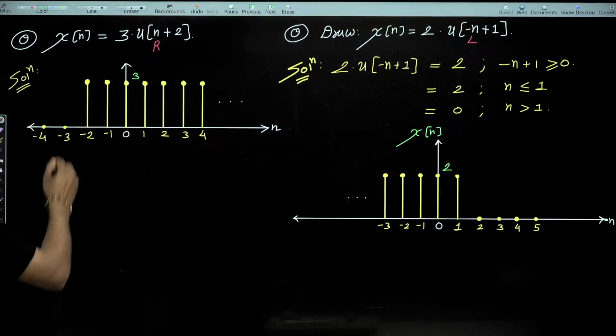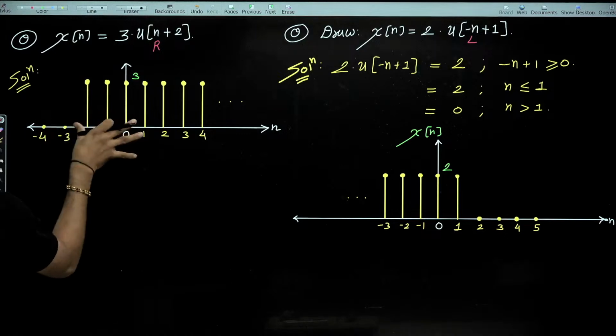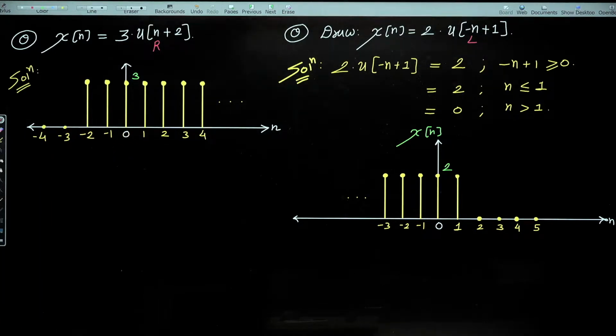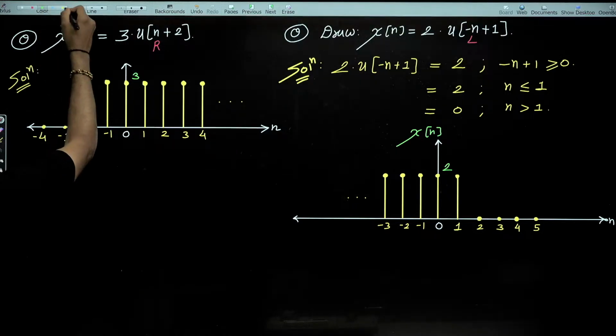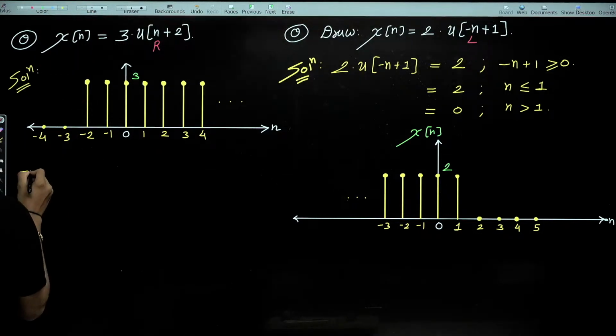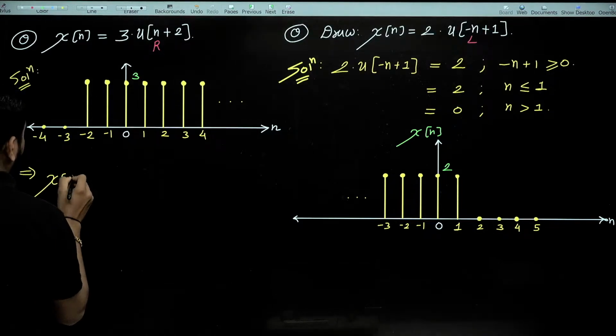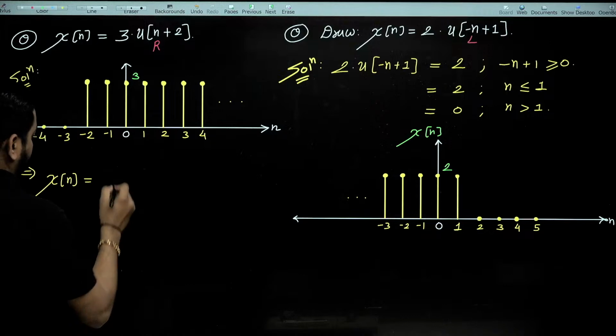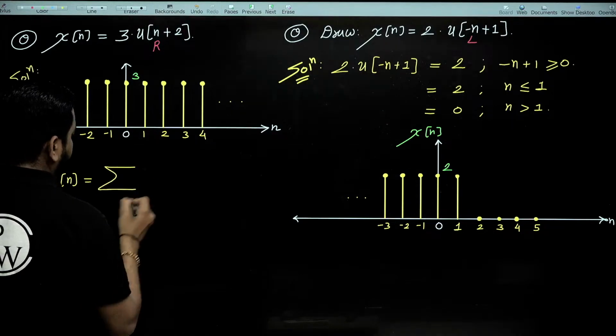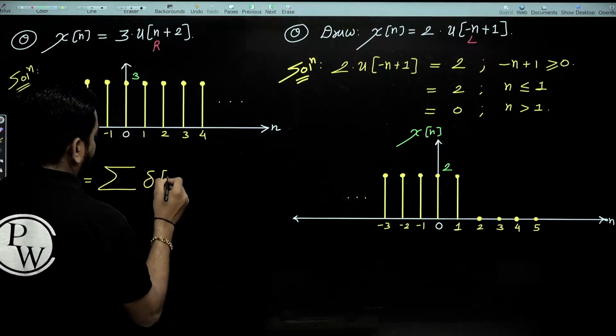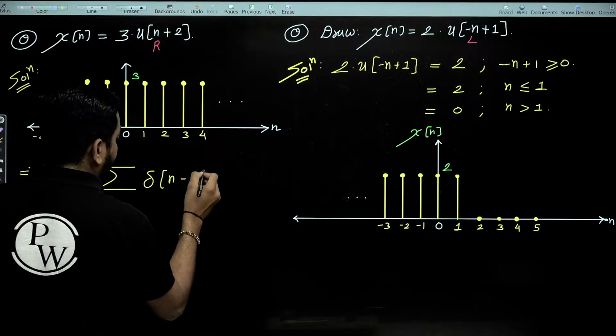Now suppose I want to write this signal in the form of impulse train, guys. So how to write this signal in the form of impulse train? Observation. Suppose x of n in the form of impulse. So summation, here I am writing del n minus k will come into picture, correct?